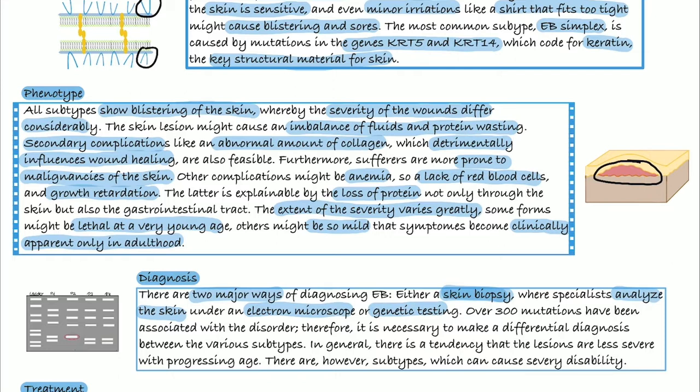So far, over 300 mutations have been associated, so we have to make a differential diagnosis between the various subtypes. A general tendency of EB is that the lesions are less severe with progressing age, but we have to keep in mind that there are subtypes which can cause severe disability.